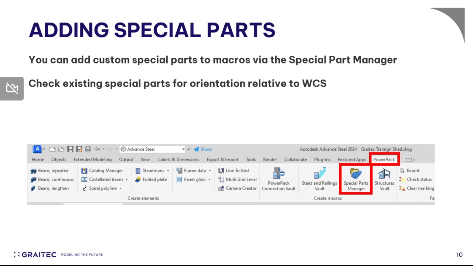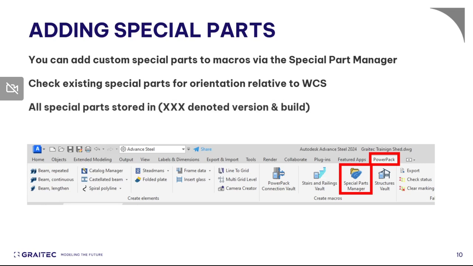Now, my advice would be, if you're not sure when you're creating your special part how it needs to be orientated, open up an existing one that the PowerPack is already using and just check how that is set up. It is critical we get the orientation of the special part correct relative to the world coordinate system of that special part file.